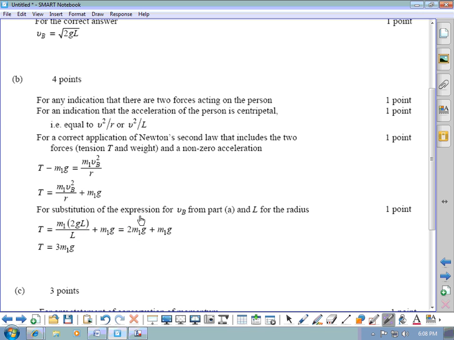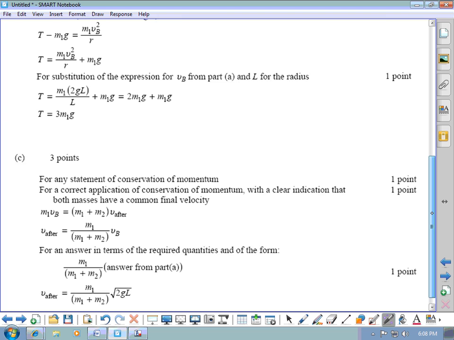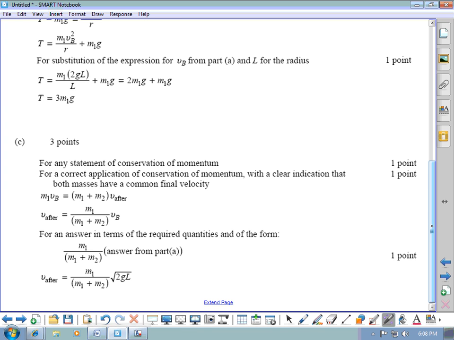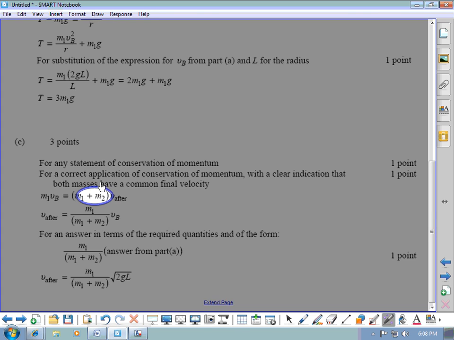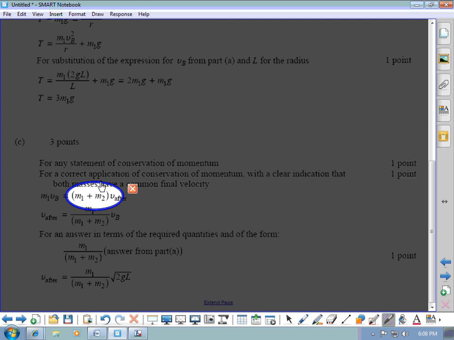For part C, it was worth 3 points. 1 point for saying something about conservation of momentum. So just writing down Pi equals Pf, or saying use conservation of momentum to solve. It was 1 point for a correct application of conservation of momentum, and it was important to show that the two masses move as one object after the collision.